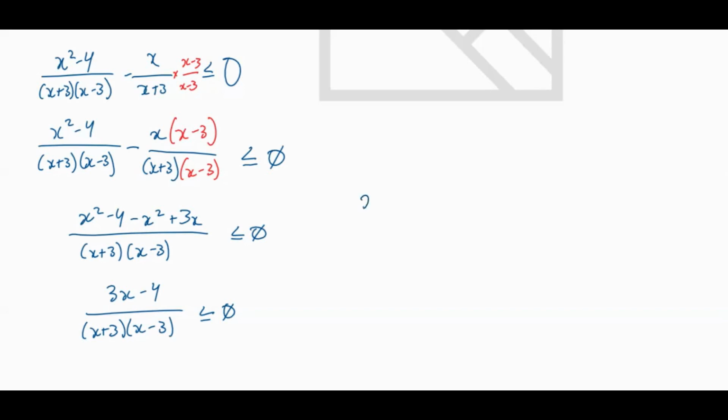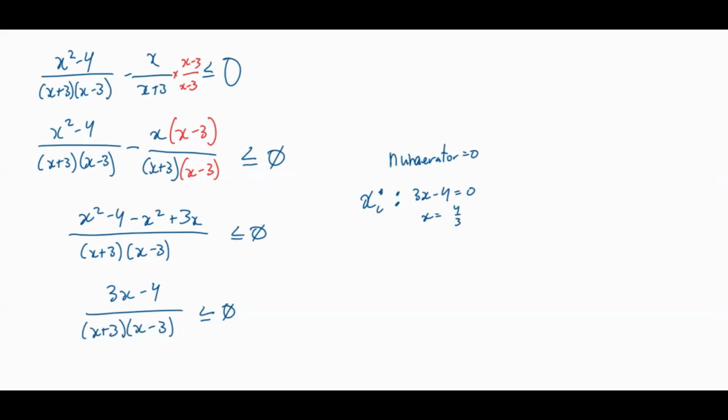So what are my x-intercepts? That is when the numerator is 0. So my x-intercept is when 3x minus 4 is 0. You don't have to write all this out. So when x is 4 over 3.